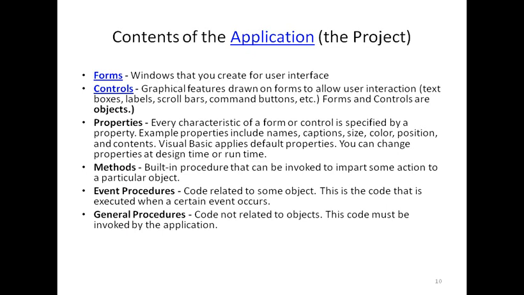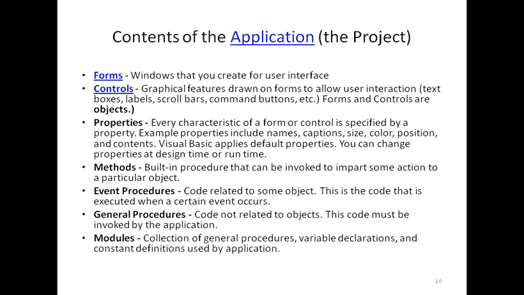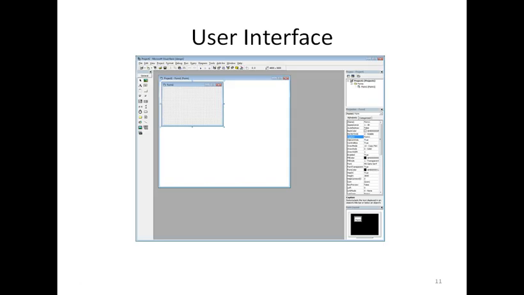General procedure, code not related to an object. This code must be invoked by the application. Modules, a collection of general procedures, variable declarations, and constant definitions used by the application. Okay, here is the user interface for Visual Basic.